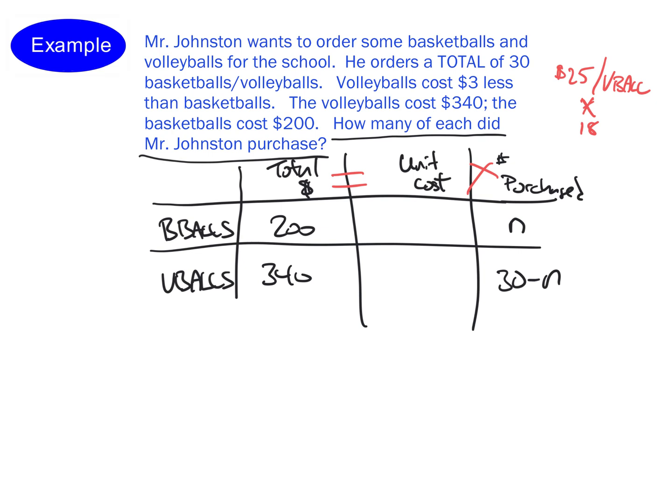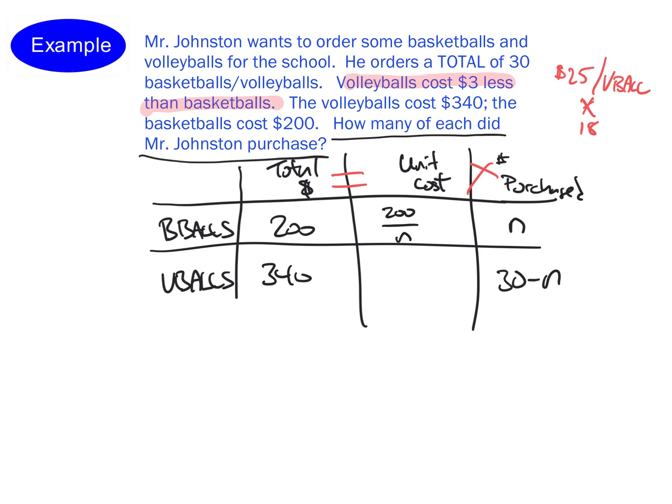Now, for the unit cost, volleyballs cost $3 less than basketballs. To find the unit cost, you're going to divide the total amount of money by the number that you buy. So the unit price for basketballs is 200 divided by N. It's just the total cost divided by the number that you buy.